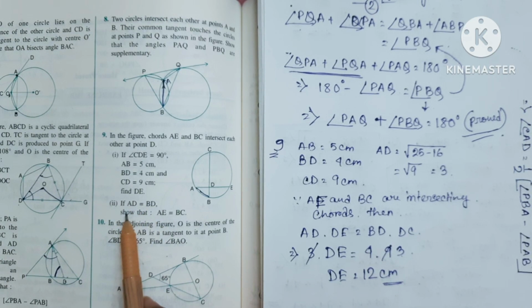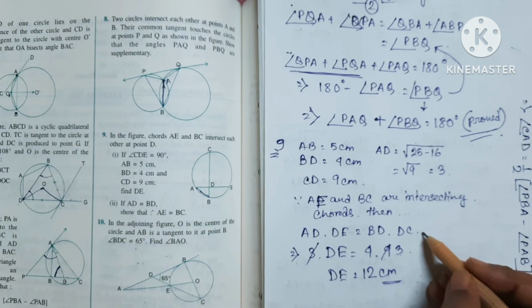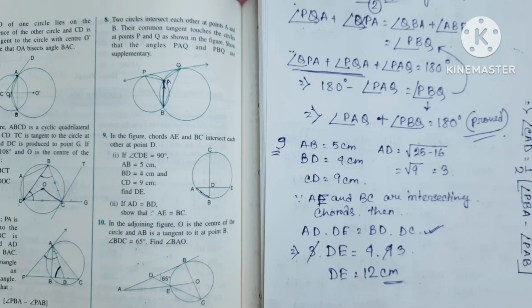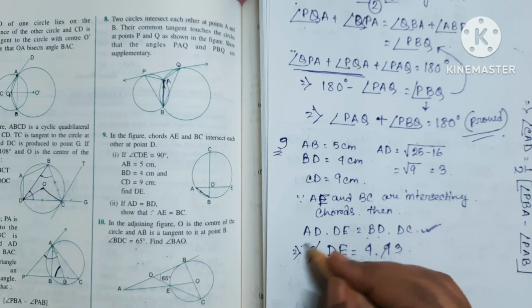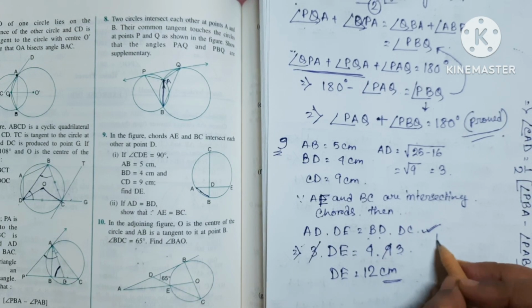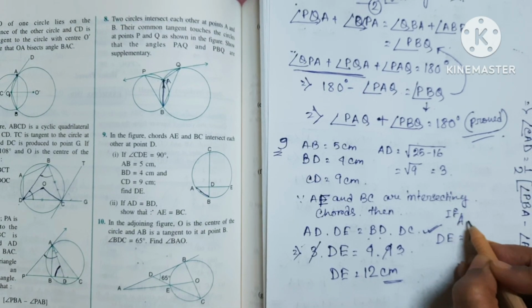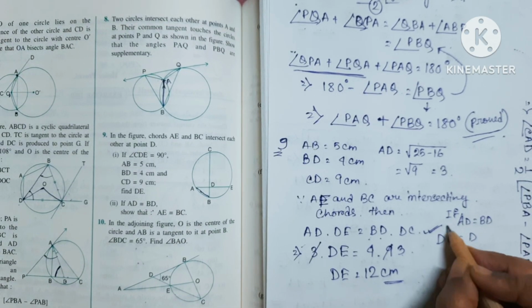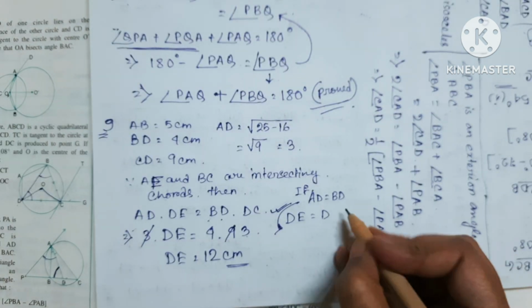Now if AD is equal to BD, what will happen? From this relation, you can cancel these two terms. So DE is equal to DC.